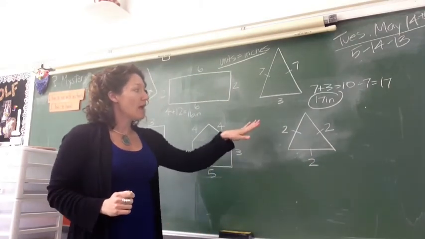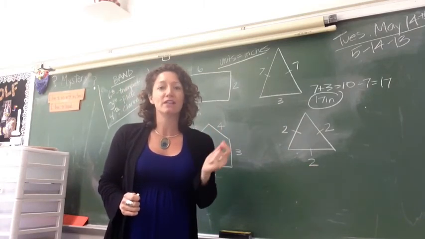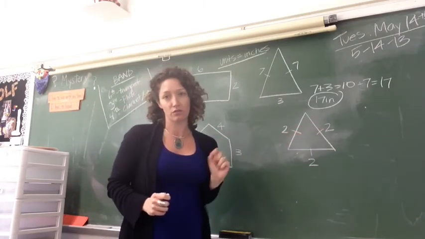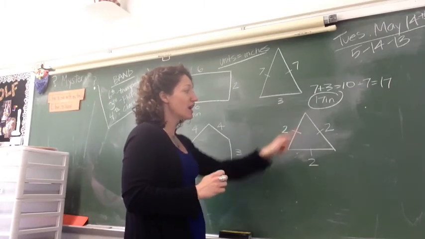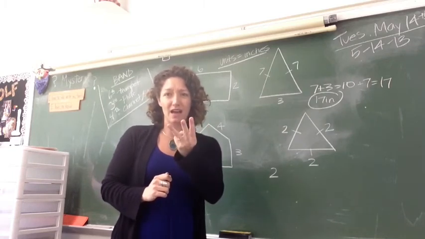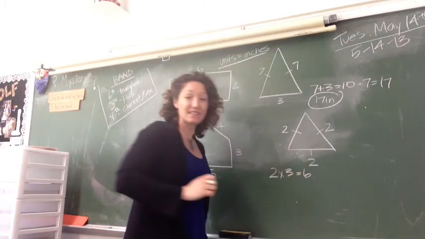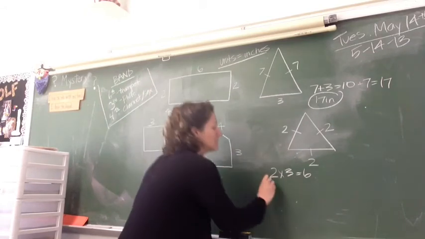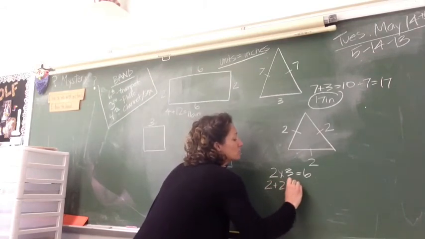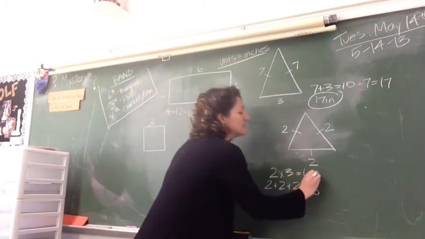If I know that each side is equal, there's a quicker way I can do this besides just 2 plus 2 plus 2. I know that each side is 2 inches, and there are 3 sides. So I can take 2 times 3 and get 6. It's the same as saying 2 plus 2 plus 2. The perimeter of this triangle is 6 inches.